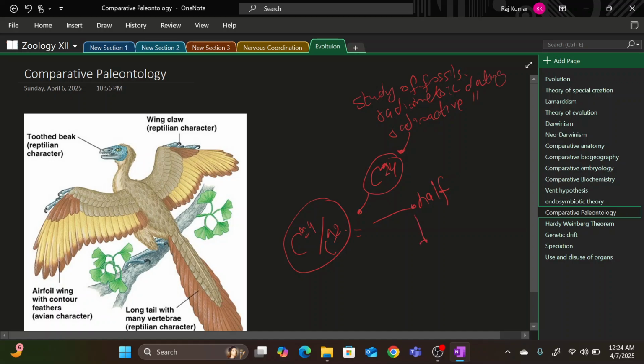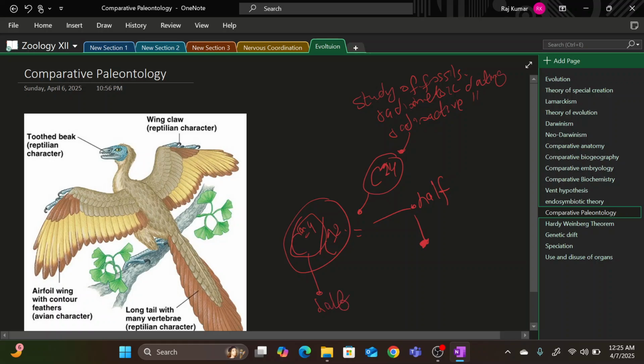As a result of this, scientists are able to identify that since the C14 to C12 ratio has decreased to half as compared to Earth's atmosphere, the quantity of C14 has decreased to half.